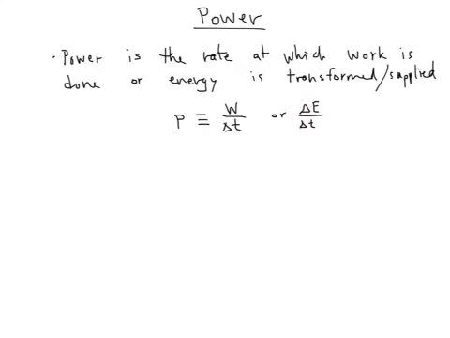So there's our equation. Power, because work is a scalar, because time is a scalar, power also is a scalar. And you probably can guess energy will also be a scalar.